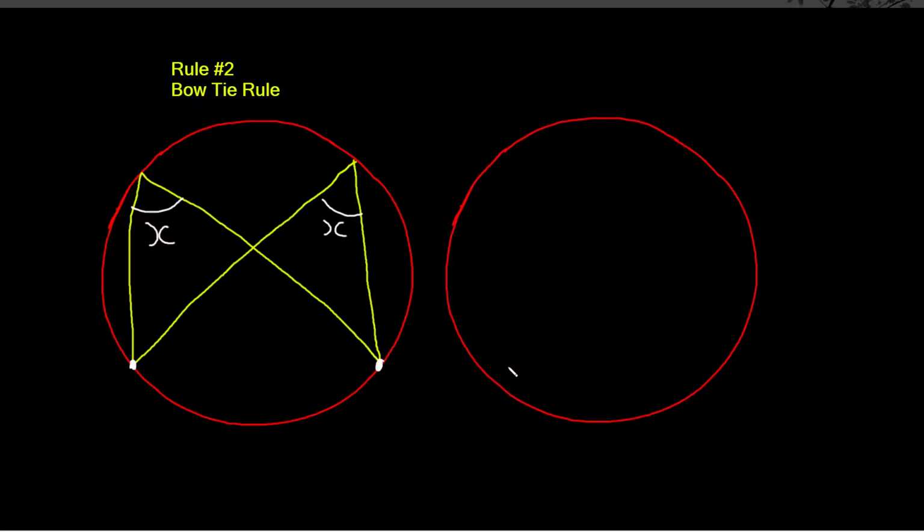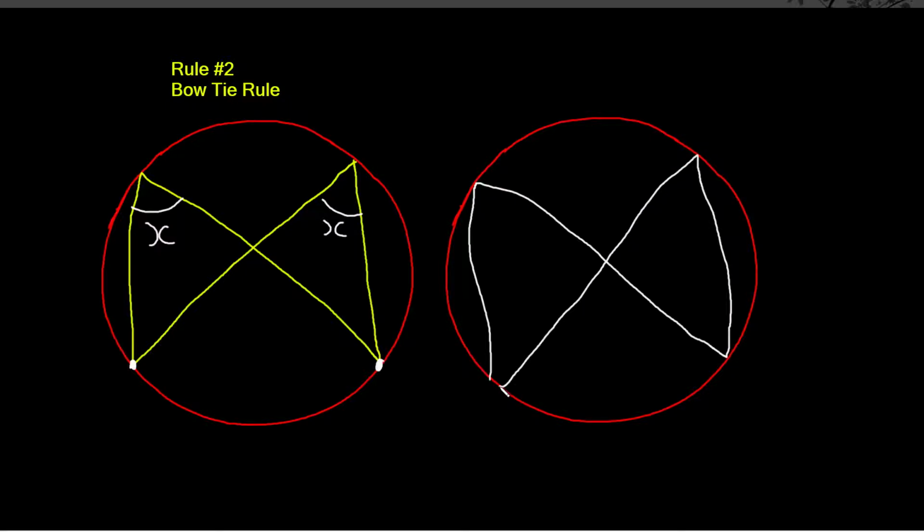Now if we were to give an example, let's say we draw an example like this, coming from the same two ends. If I say this angle is 56 degrees, then this angle on this end would be 56 degrees as well.